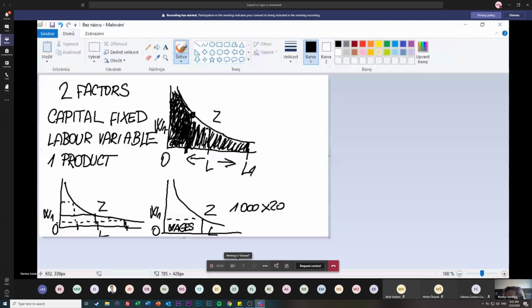This is what labor gets from GDP: 20,000 times 1,000, probably 20 million Czech crowns. The rest of GDP will get the owners of capital. I was repeating the situation, and let's go to the second graph.